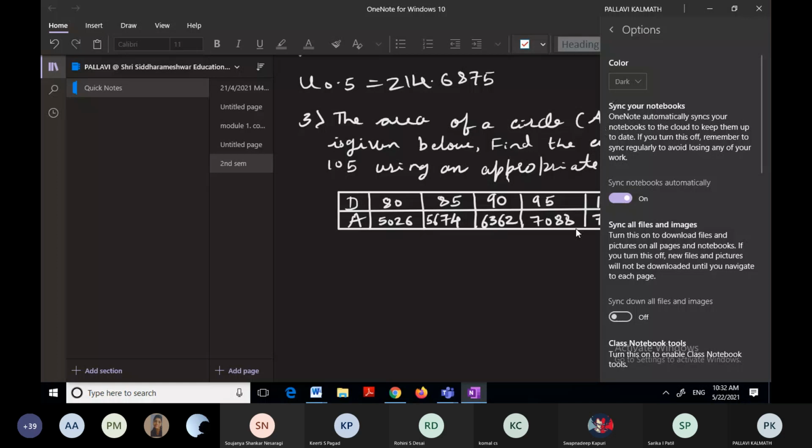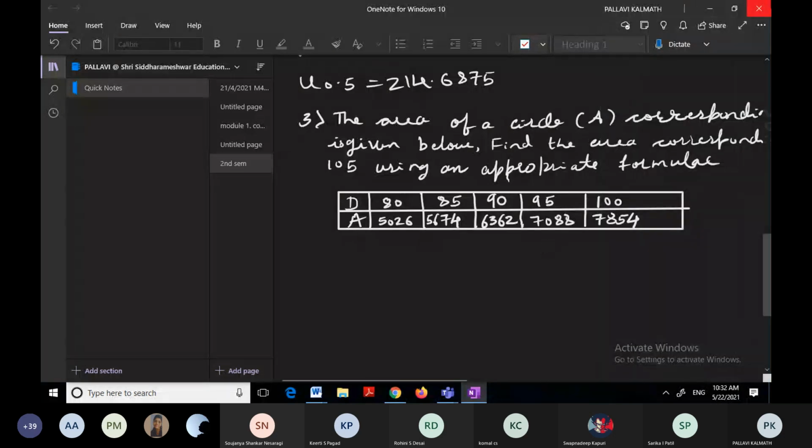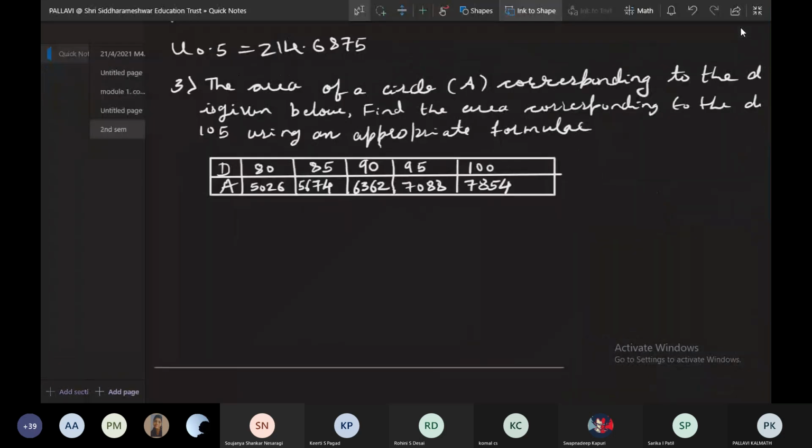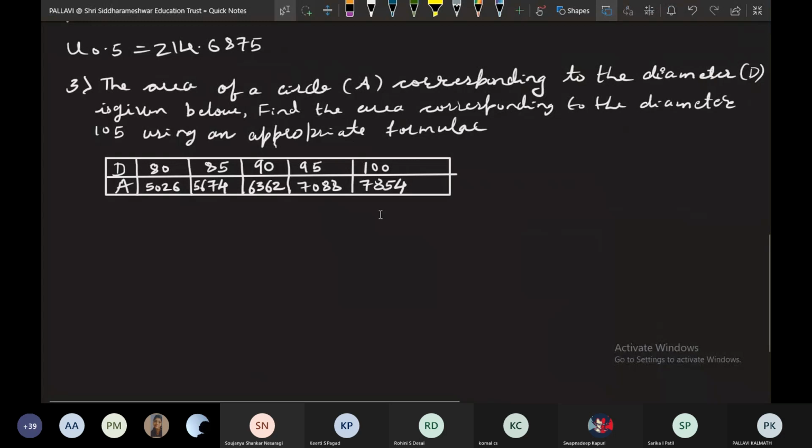Black and white, ma'am. This is better. This is okay, so that you will at least get the feeling of you are in the classroom. Okay, chalk and board. Okay, fine.